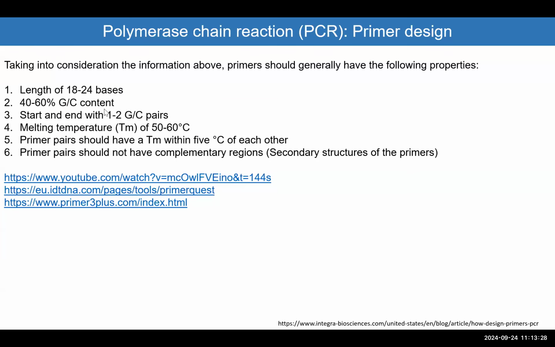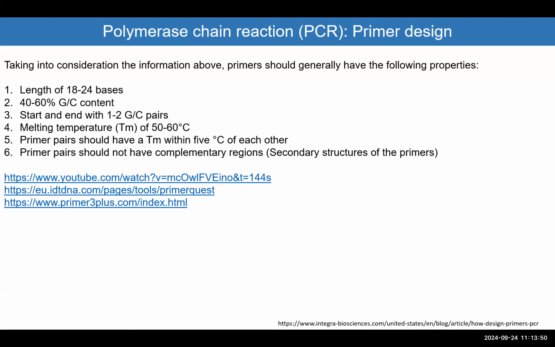Okay, now in order to design a primer, there are a few parameters you have to look at. First, you have to get 18 to 24 base pairs in a primer. That's because below 18 base pairs, you will have a lot of nonspecific binding.